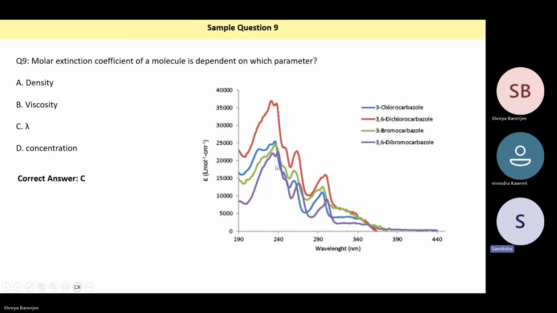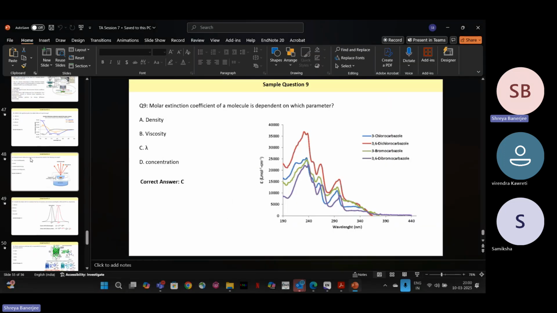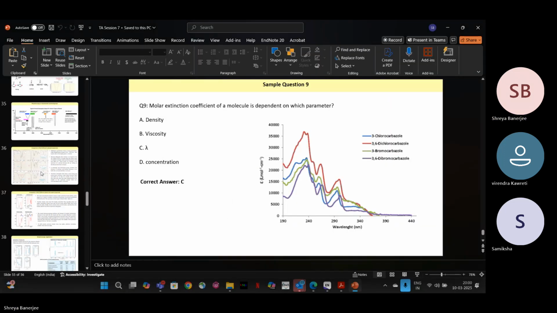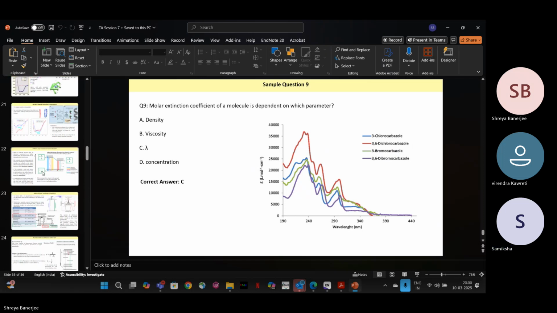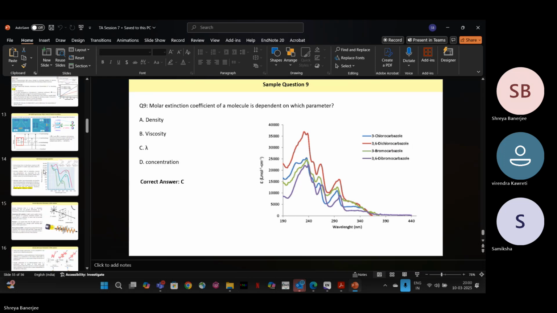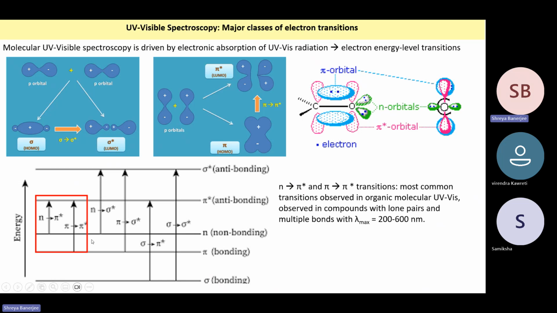So how will it depend on wavelength lambda? Think about it like this, I'll go back to the UV visible spectroscopy. You remember when I was talking about this slide, I mentioned something called the probability of transition.